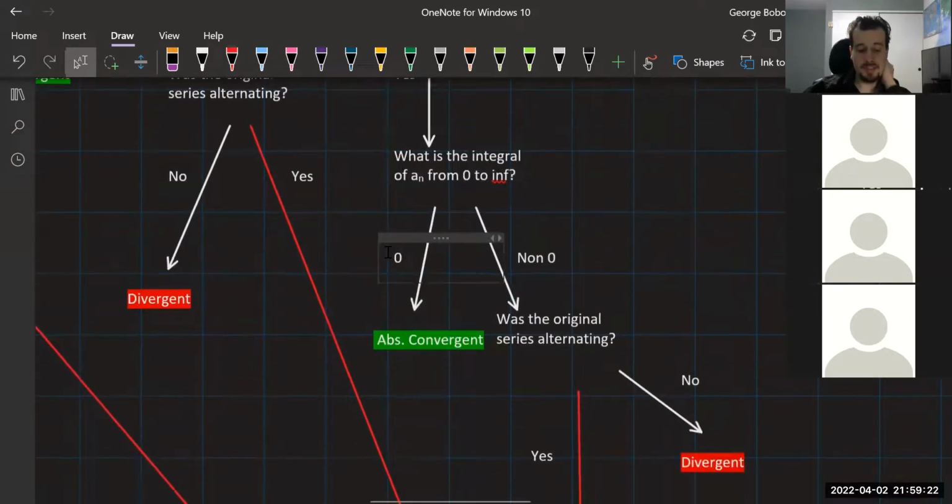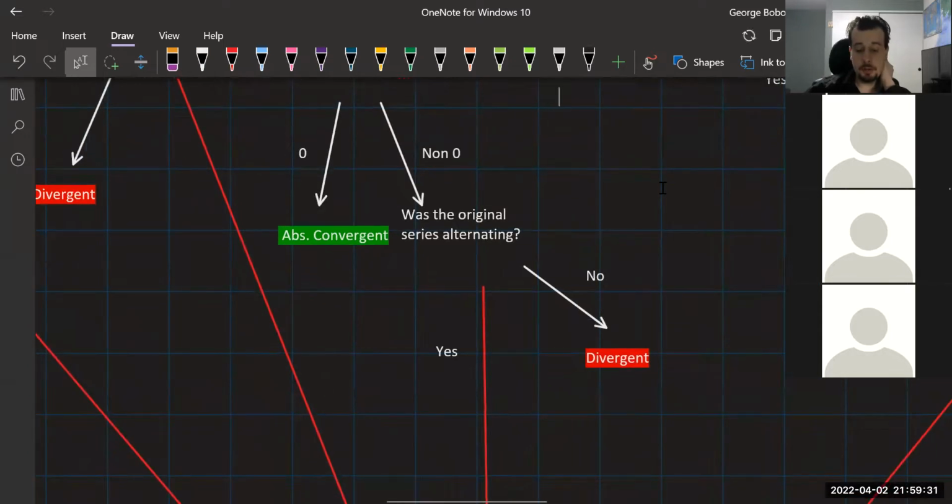What is the integral, 0 or non-zero? You got infinity right now, so it's non-zero. Was the original series alternating? No. We didn't have a -1 to the n or anything like that, remember? So even though we're checking for absolute convergence, because our series is not alternating, there's no room for us to check for conditional convergence.